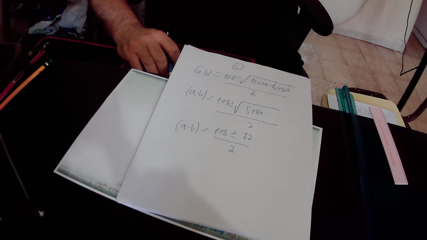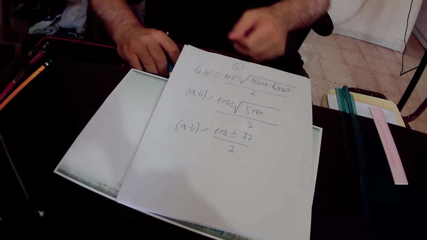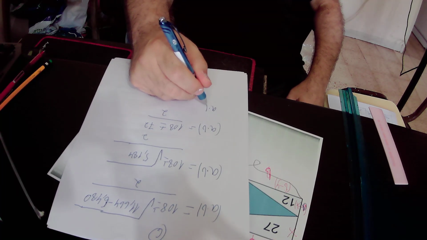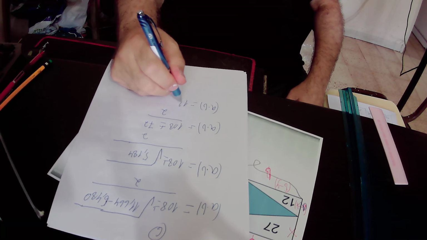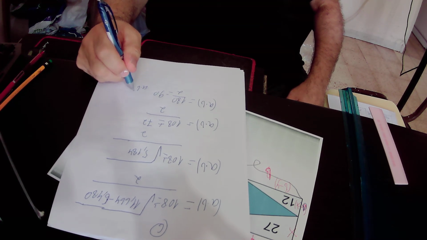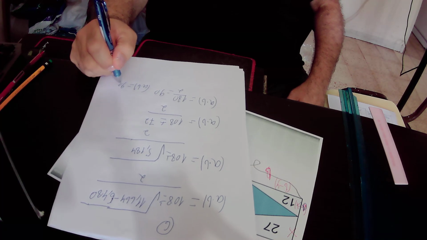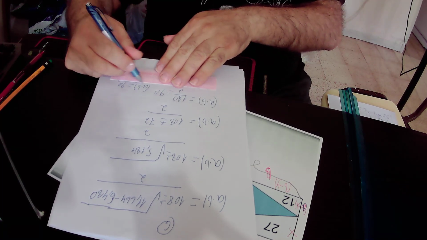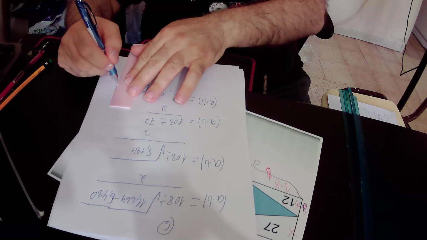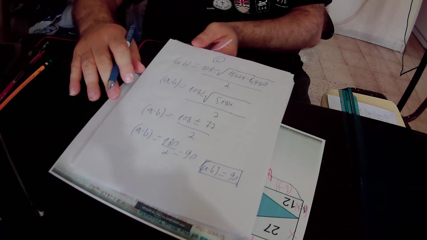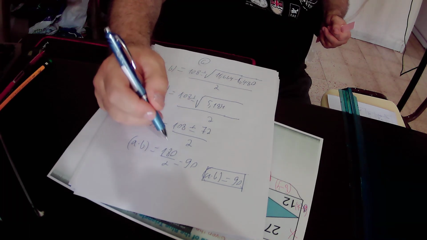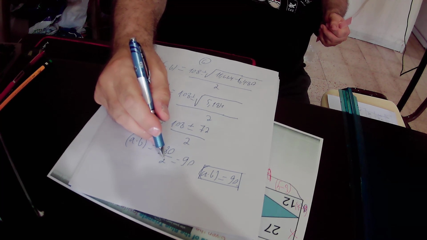108 plus 72 equals 180. So I repeat again, 108 plus 72 equals 180, and 180 divided by 2 equals 90.